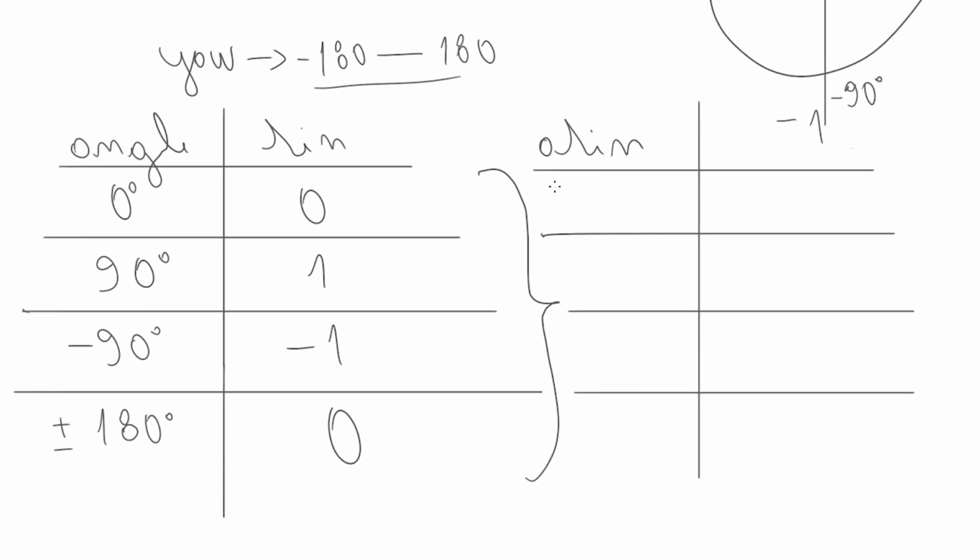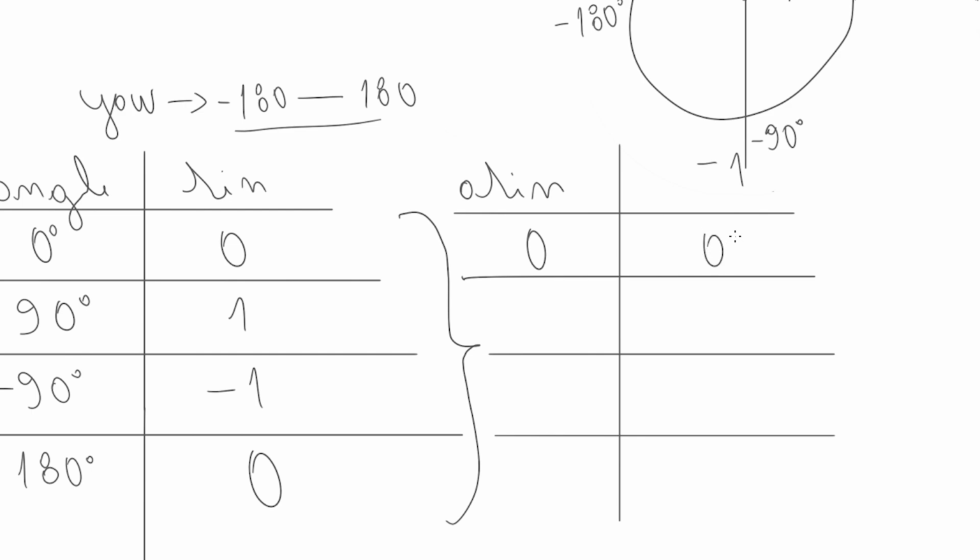Okay, when we have 0, it returns 0 degrees. When we have 1, it returns 90 degrees. Minus 1, minus 90.